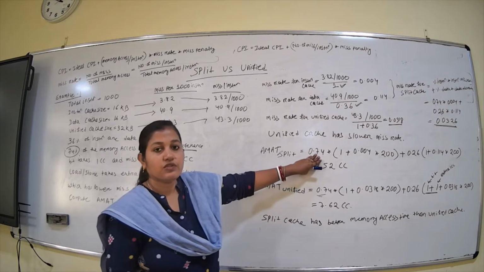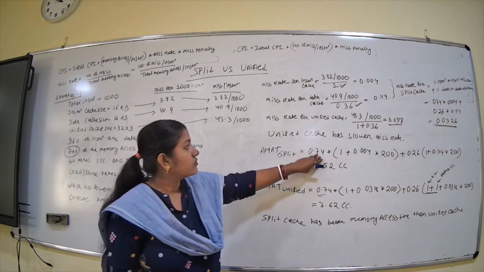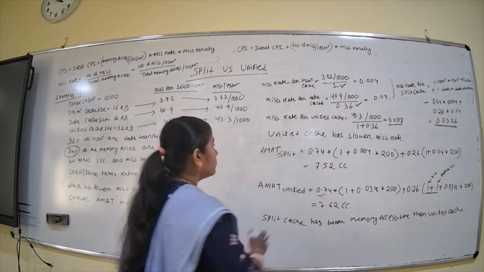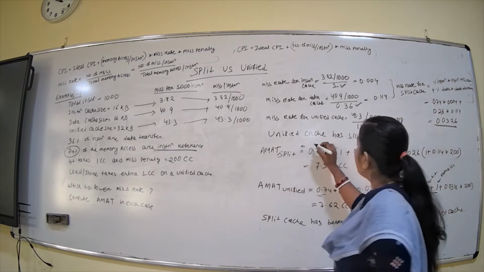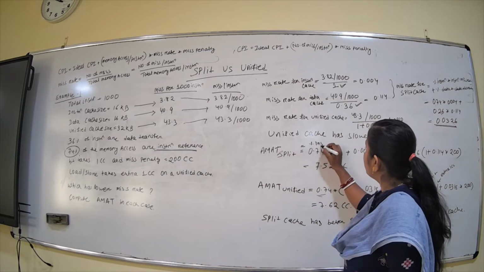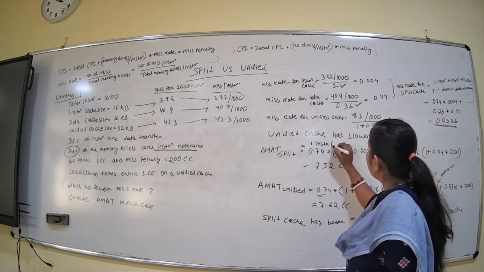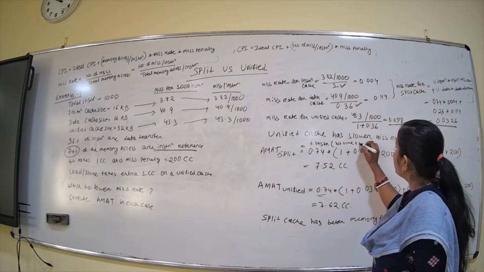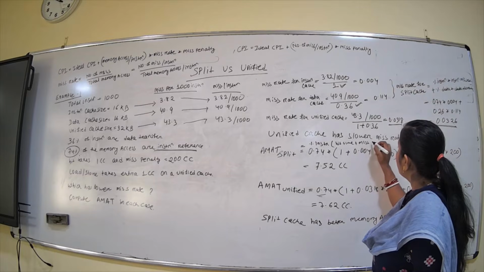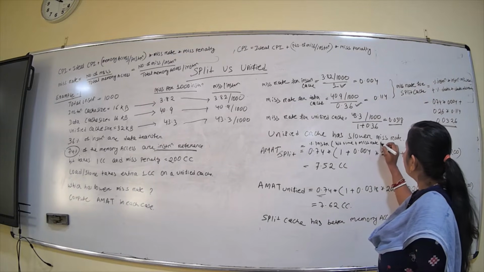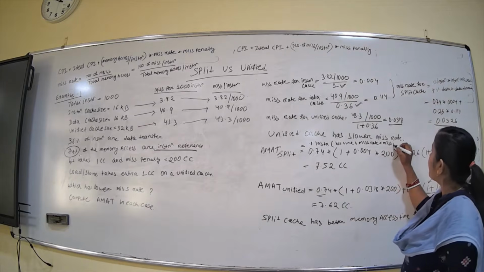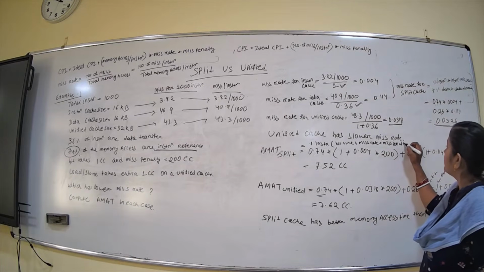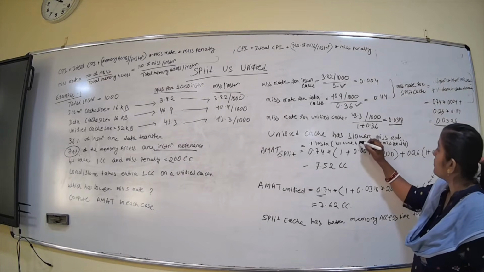Okay. Now just calculate the average memory access time for the split case. So percentage of instruction. If you don't know the formula, I'll write it down here: percentage of instruction times (hit time plus miss rate times miss penalty). This miss rate is for what?